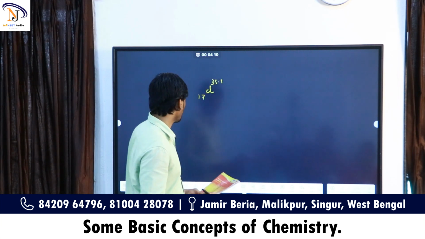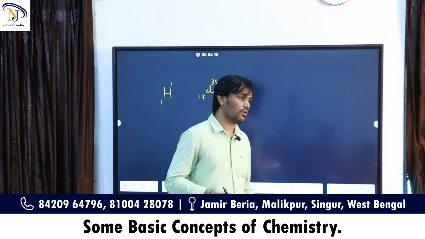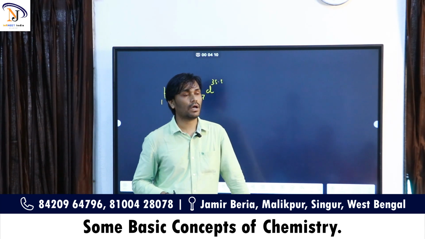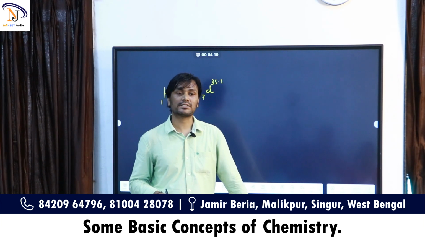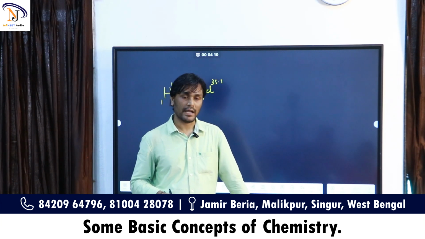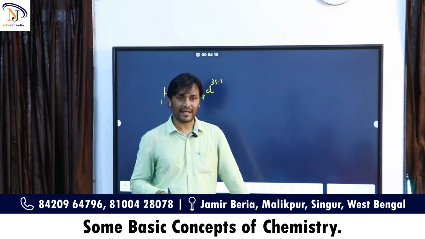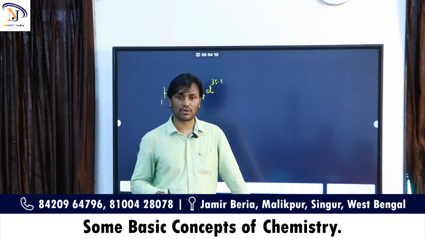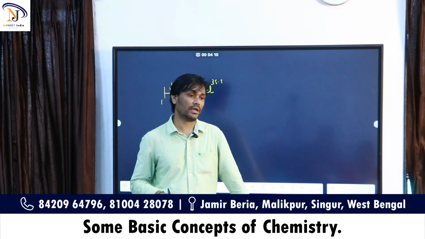Okay. Now you know the definition of atomic mass. You know the definition of molecular mass. Atomic mass refers to the mass of atoms, but it is not the actual mass. Is atomic mass the actual mass of an element? No, atomic mass is not the actual mass of an element.